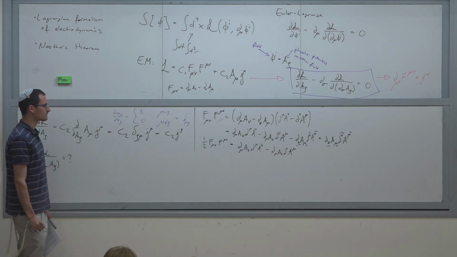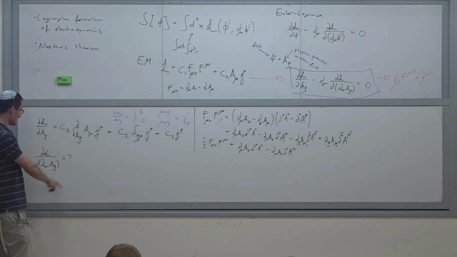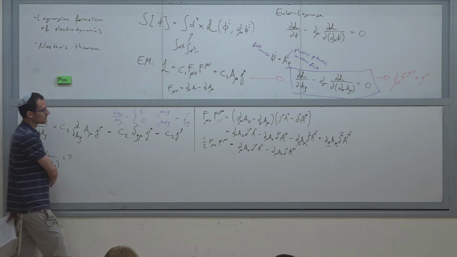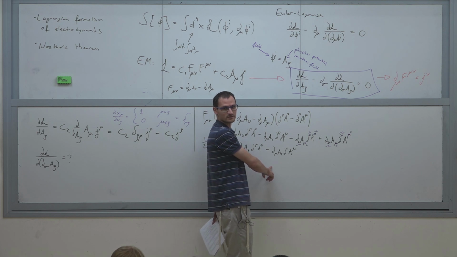One more thing I would like to do before I take the derivative is I need to watch out for signs, so minus signs. In order not to get confused, since here I'm taking the derivative with respect to lower indices, I want to turn this into 100% lower indices.